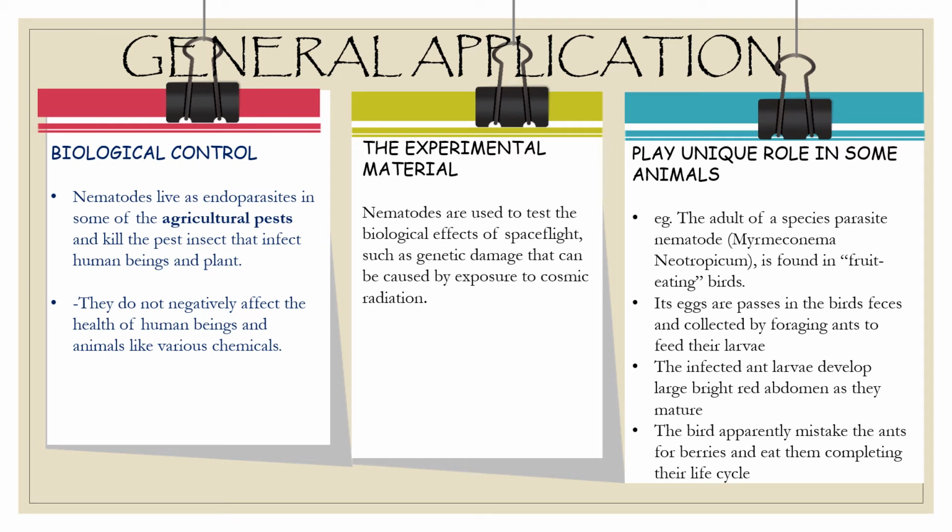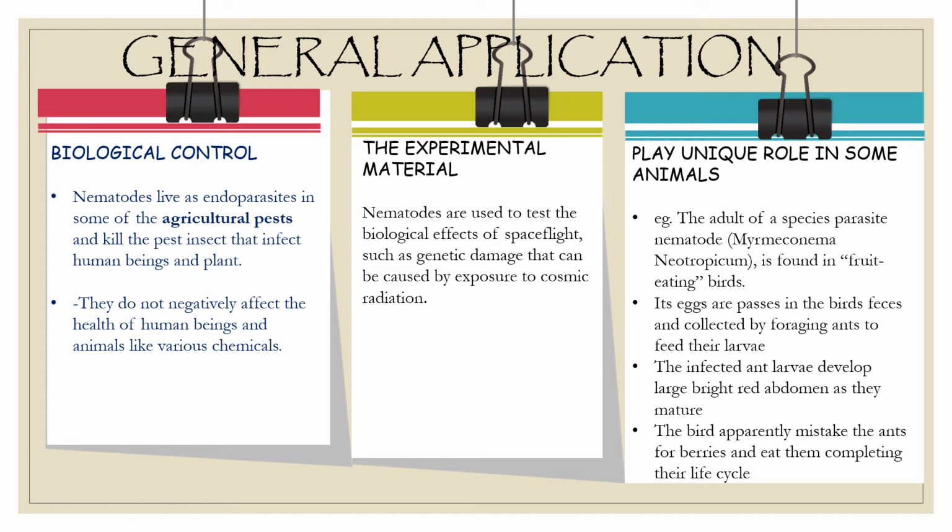For the last one, it plays a unique role in some animals. For example, the adult of a parasitic nematode species, Myrmeconema neotropicum, is found in fruit-eating birds.